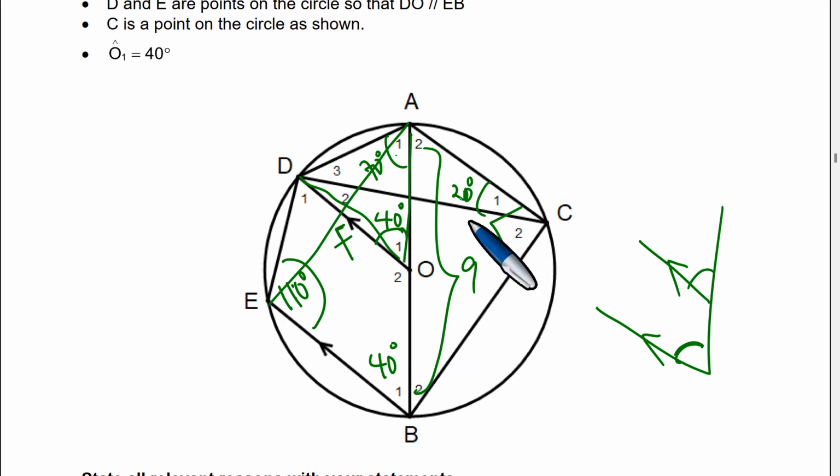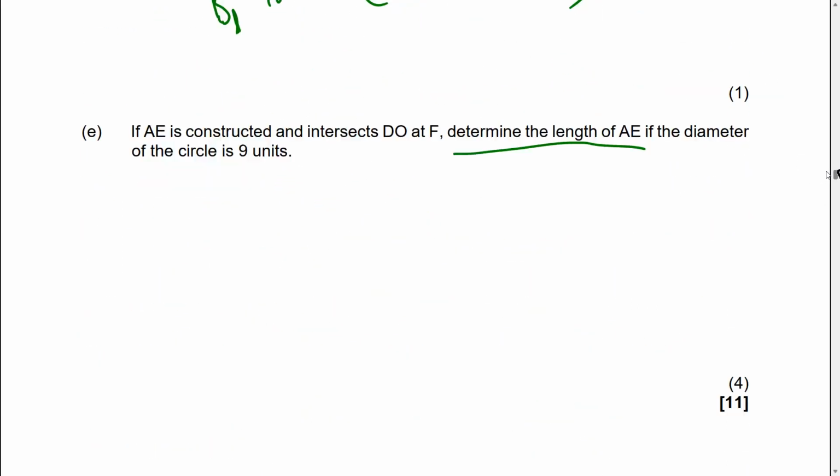You need to find the length of AE. It's just similarity and proportionality, but first and foremost, you have that AF is equal to FE, which is a line from midpoint parallel to one side of a triangle.